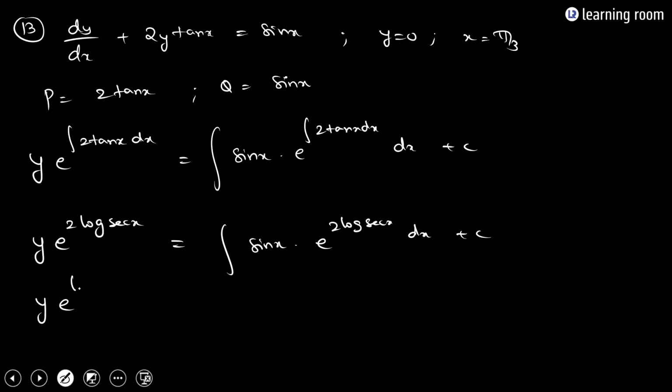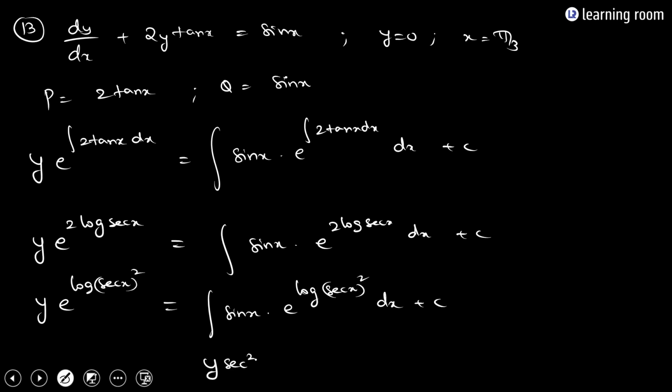So y into e power of log of secant x the whole square is equal to integral of sin x into e power of log of secant x whole square dx plus c. So y into secant square x is equal to integral of sin x into secant square x dx.